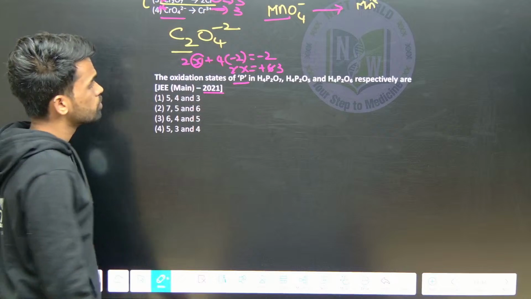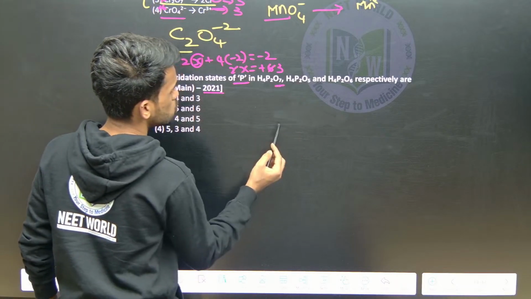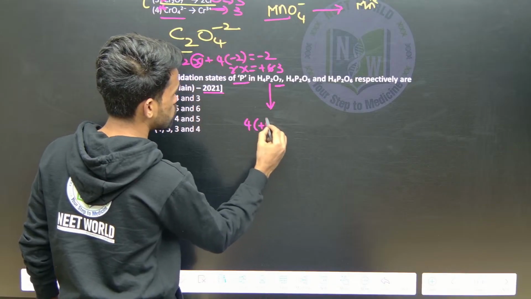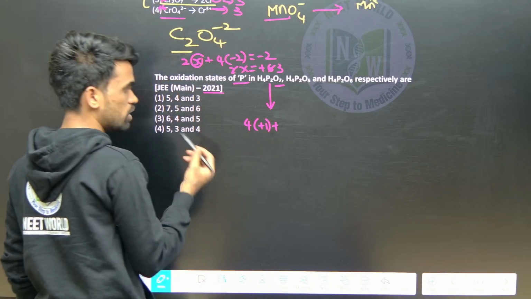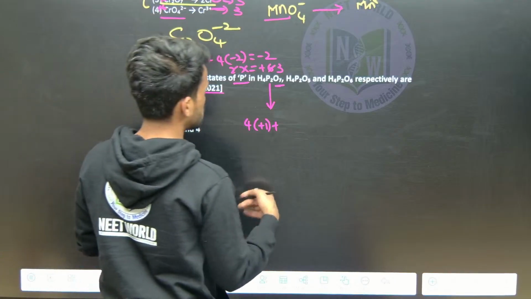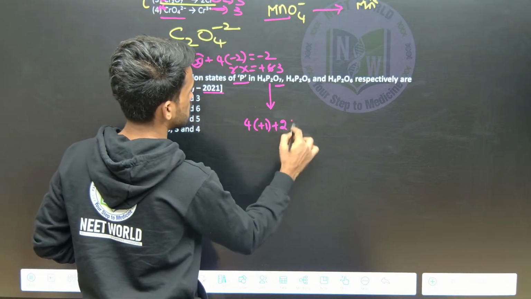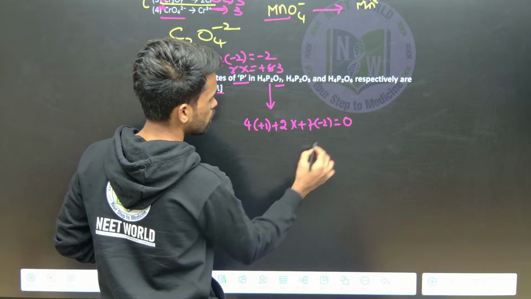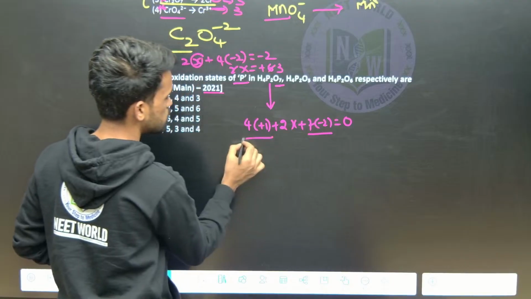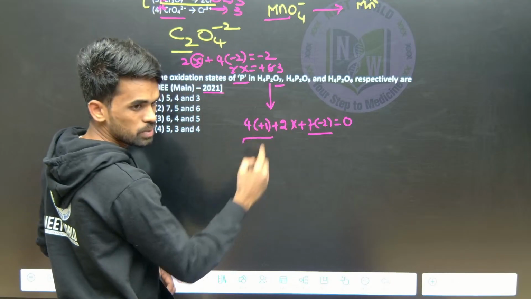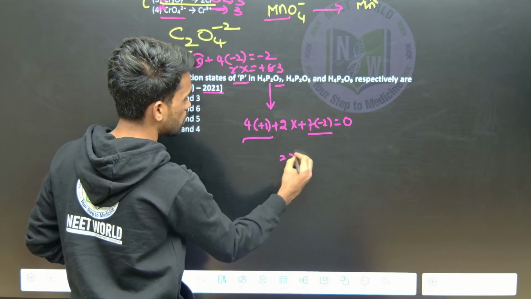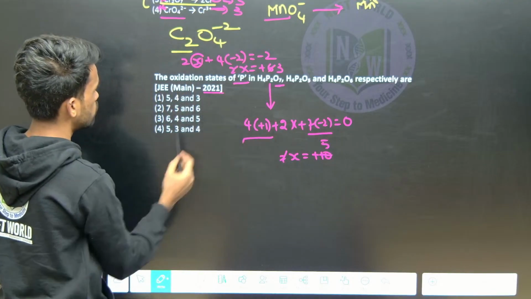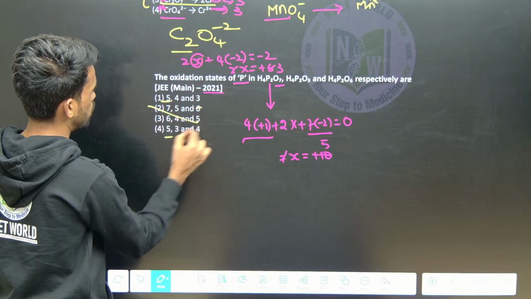So now what to do? So 7 oxygens are there here, so minus 14. So it means you consider 4 hydrogens are there, each one plus 1. So no need of pen and paper, you can do it with fingers, like just 2x. So 7 into minus 2, equals to 0. So it will be minus 14 here, this is plus 4, means minus 10 it becomes. Send that side, 2x becomes plus 10. Okay, so x will be 5. Okay, so here 5, 5. So remaining 2 options you can remove.